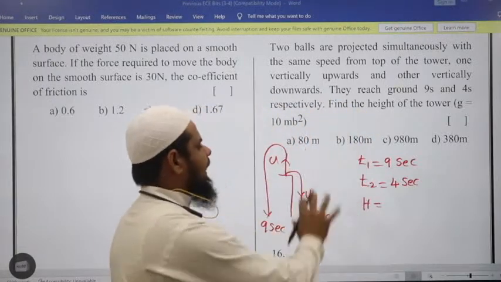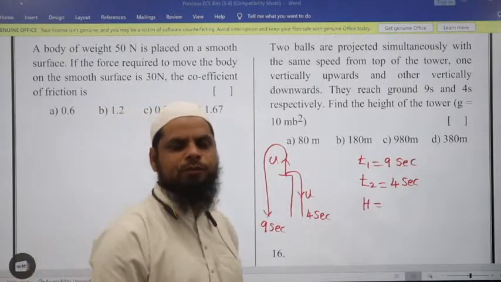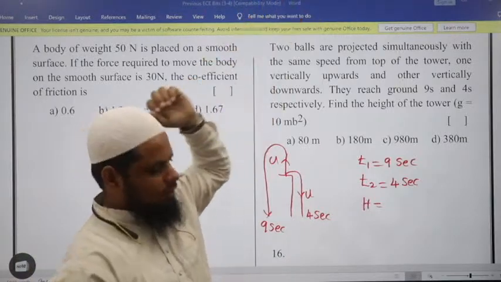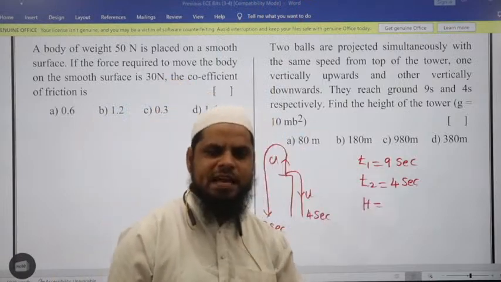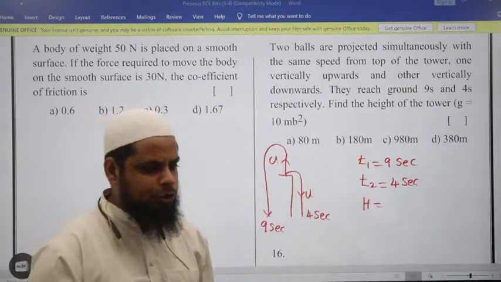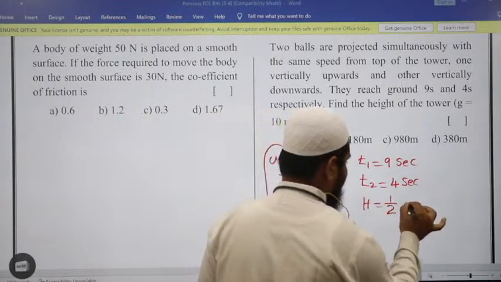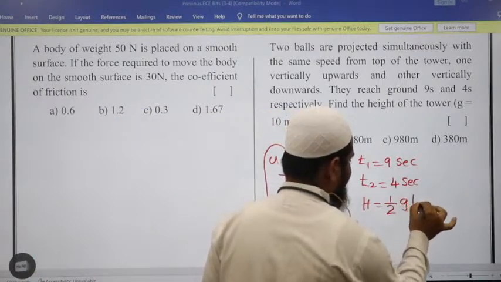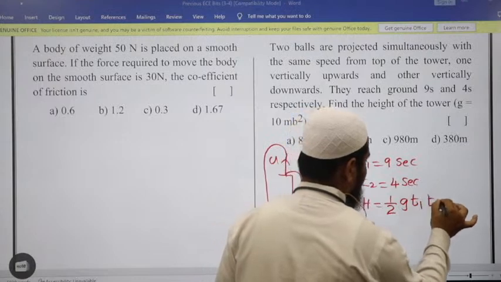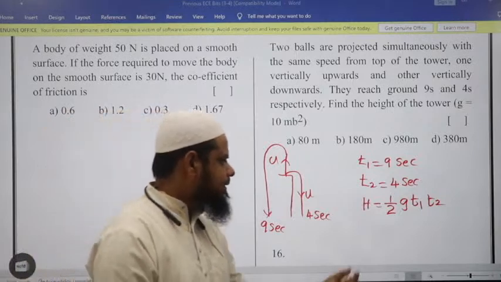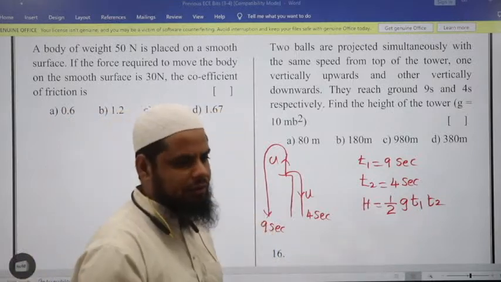This is a kind of oblique motion, because one is thrown vertically up and the other vertically down with the same velocity. So h is nothing but the shortcut formula, half g t1 t2. Please do remember, h is equal to half g t1 t2.